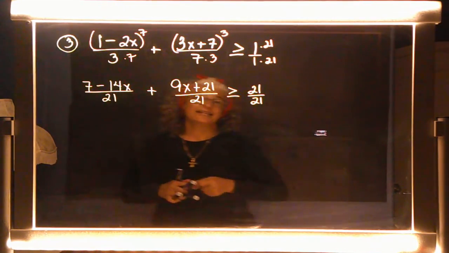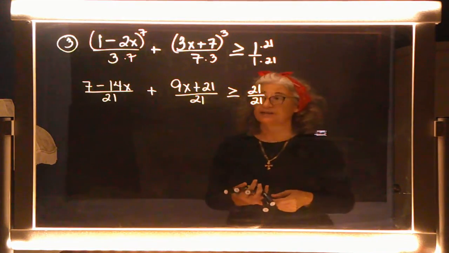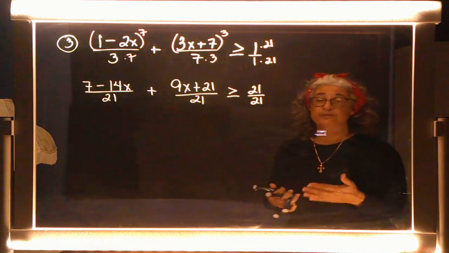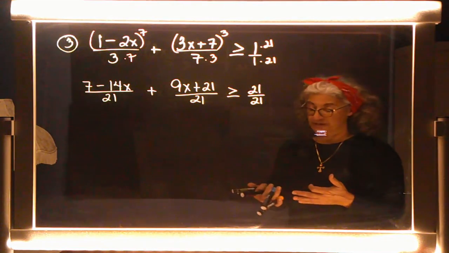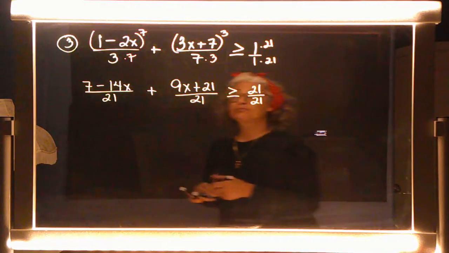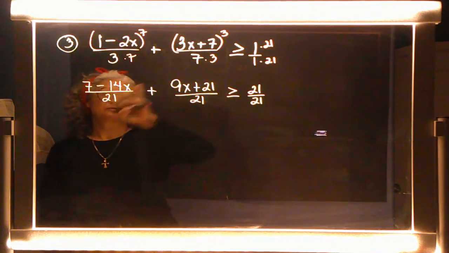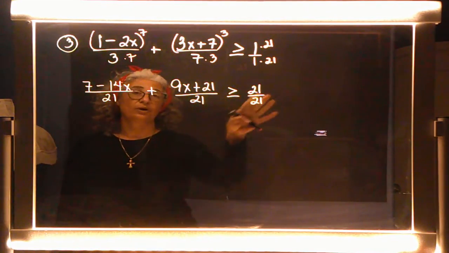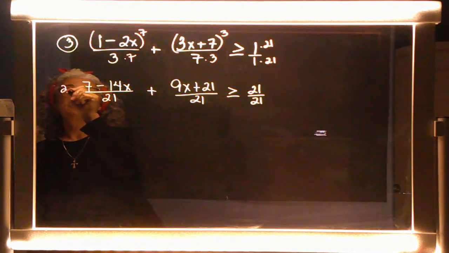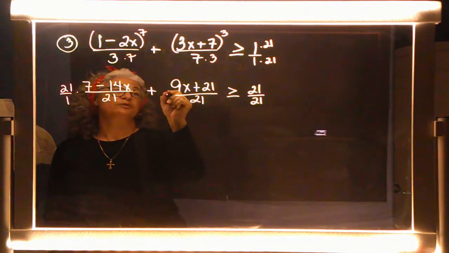Okay, now that all the denominators are the same, at this point it's very easy to get rid of them. And the way I'm going to get rid of these denominators of 21 is to do what? Yeah, we're going to multiply the whole inequality by 21. By the way, I'm multiplying the entire inequality by a positive 21.